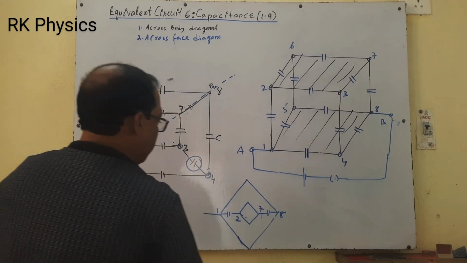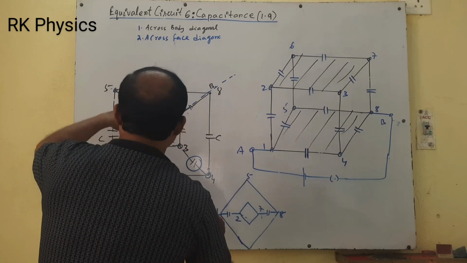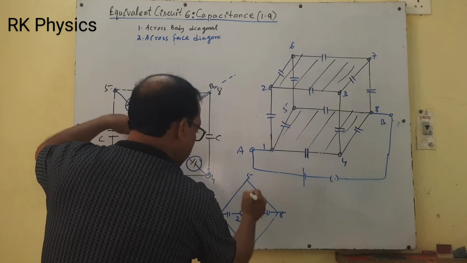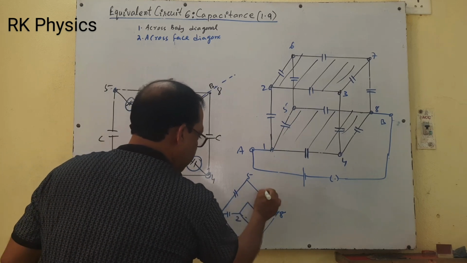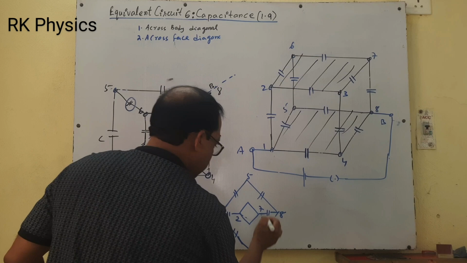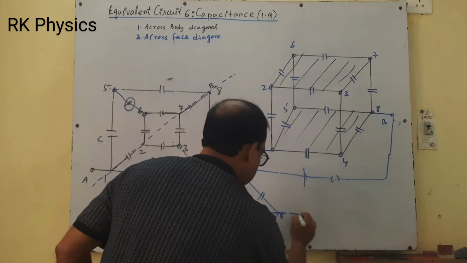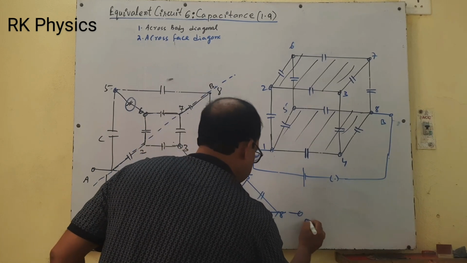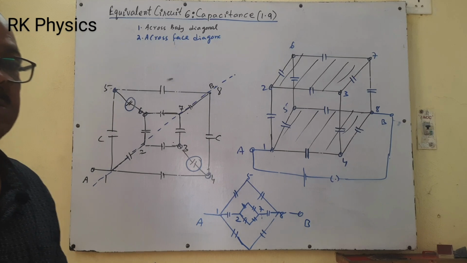So now along this line, that means between 5 and 6 there is no capacitor, and between 3 and 4 there is no capacitor. Here there are capacitors. So this is A and this point is B.